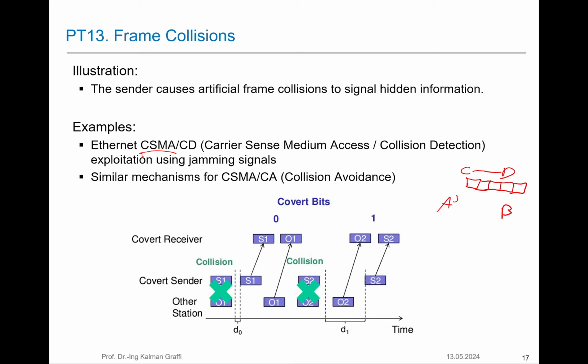Let's say Alice wants to communicate 01100, then she just listens into the medium, and every time she wants to transfer a bit, she scrambles, so she also sends something so that the communication of the other person is interrupted. And by the interruptions, B also can listen to the medium, and B notices, okay, here has been no collision, here has been a collision, here has been no collision, no collision. So A and B don't really exchange messages with each other, they just interfere with the communication of others, and then they can retrieve from that which bits have been sent.